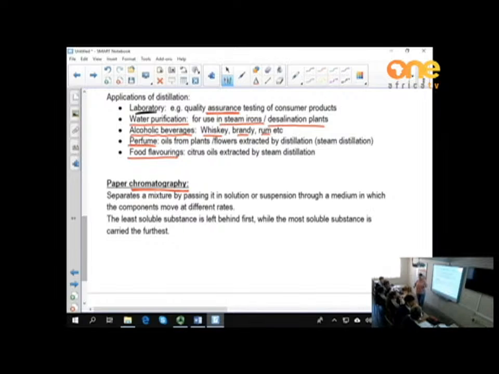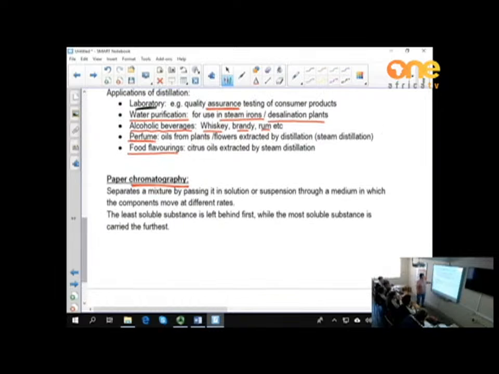So what you're going to do is, this mixture is allowed to dissolve, for example, if it's water soluble, it dissolves in water. And then you draw the water up, for example, a column of sand or a paper, okay? And then we find that the least soluble substance gets left behind sooner, and the more soluble substance will move with the water or the solvent up through the paper.